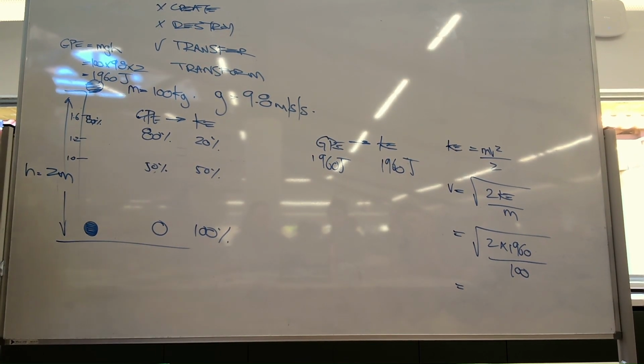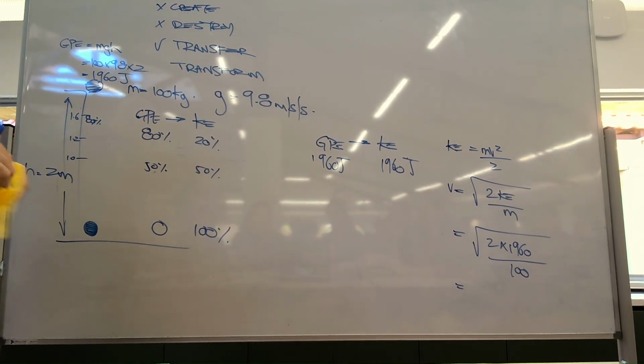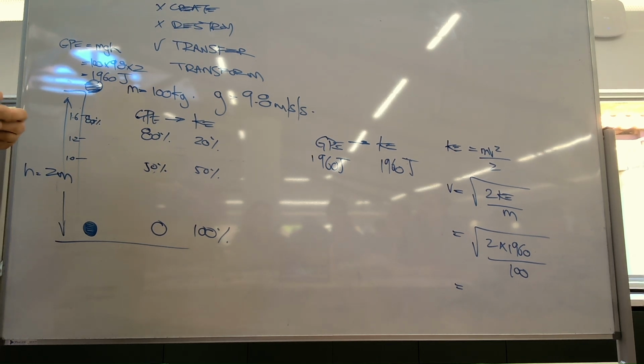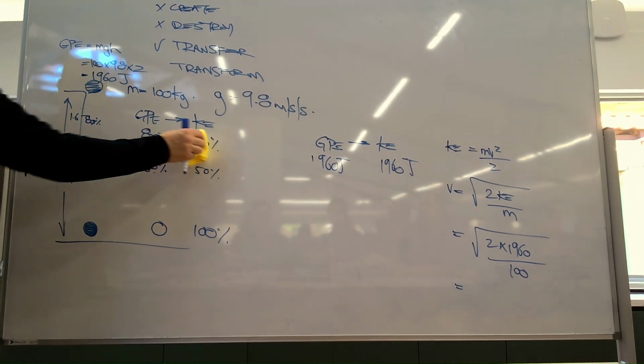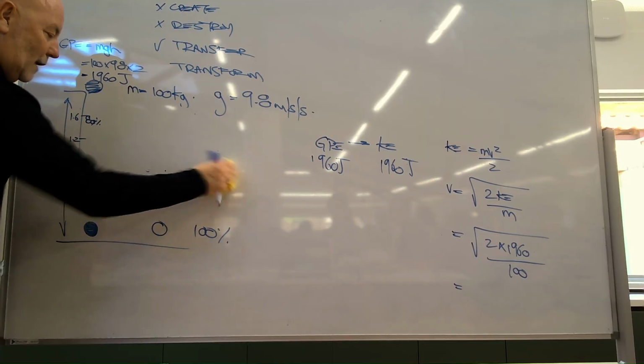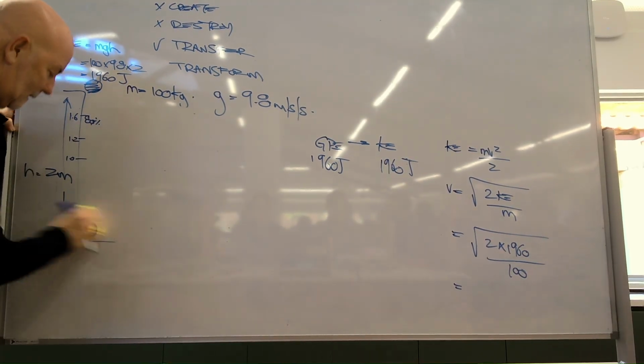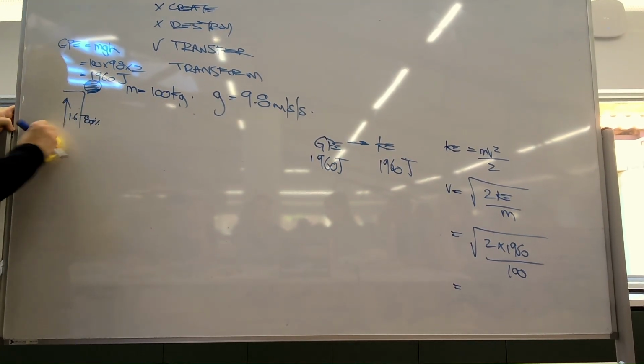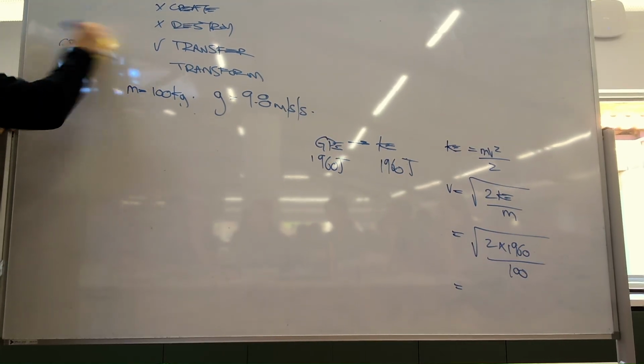Well, good. So now I'm going to quickly go on to transformations and efficiency for you. Okay? You need to be able to work out how energy moves from one type to another and from one object to another.